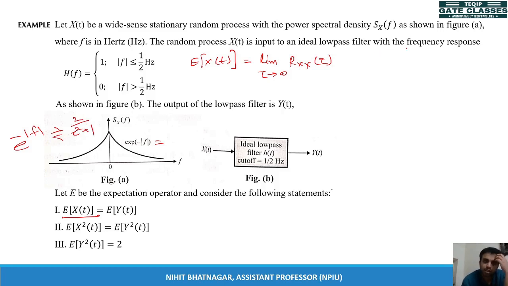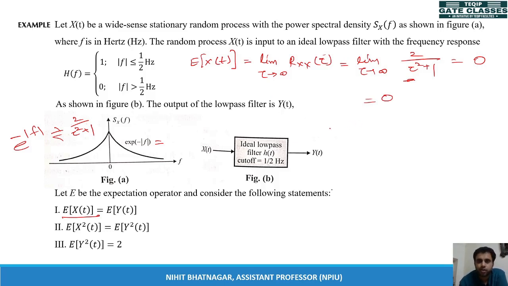So the limit as tau tends to infinity of 2 upon tau squared plus 1: putting tau equal to infinity, the denominator becomes infinity, and 2 upon infinity becomes 0. So expectation of X(t) is equal to 0.